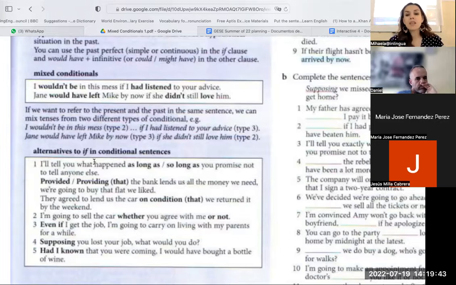And then we have the interesting inversion, which we will always also study further on. Had I known that you were coming, I would have bought a bottle of wine. This is the third conditional. You only switch the subject and the auxiliary. There's more inversions of this kind and more alternative.